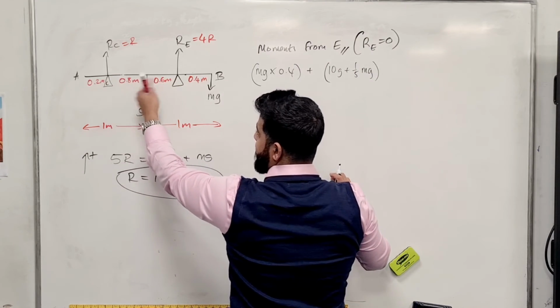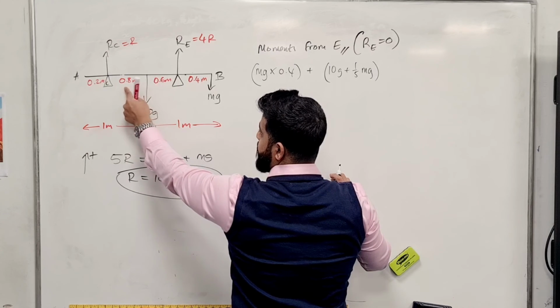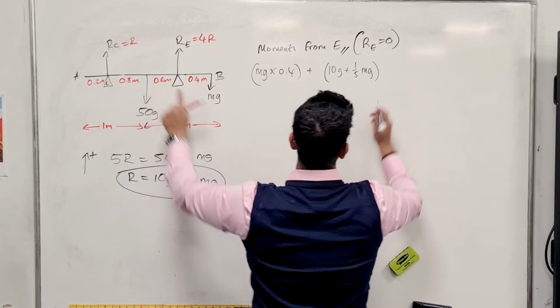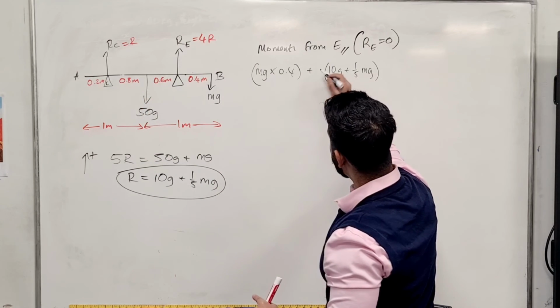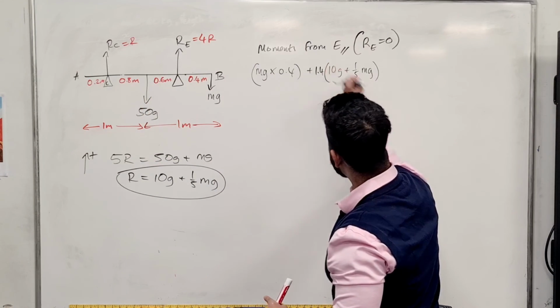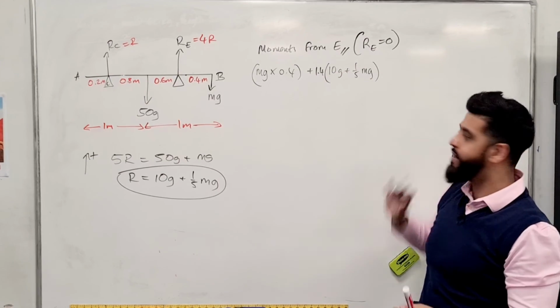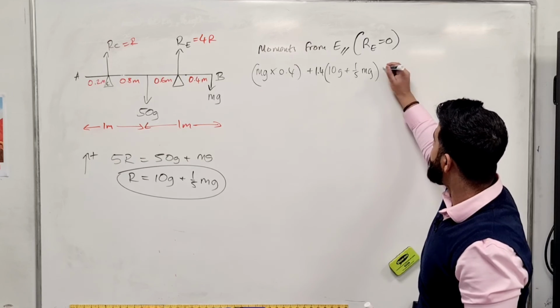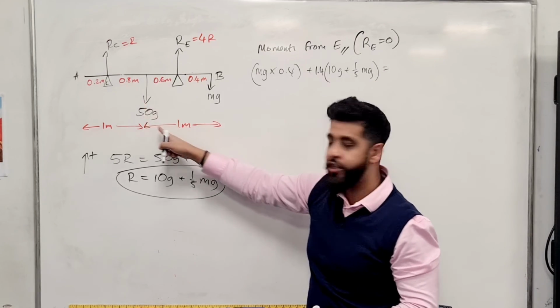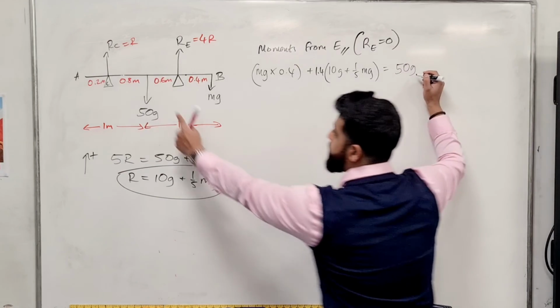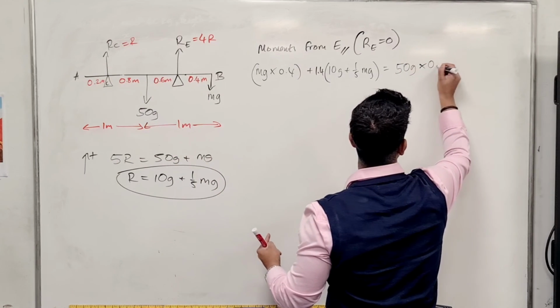What's the distance here? You need to add those two together. 1.4. The distance is 1.4. I'm just going to put it here because it makes more sense to have one number in front of the bracket rather than at the end of it, okay? And then that will be equal to the 50g going the other way. So it's going to be 50g times 0.6.